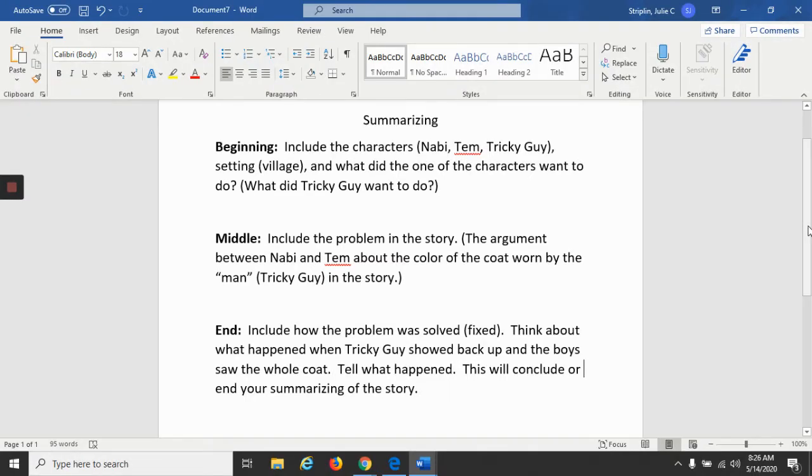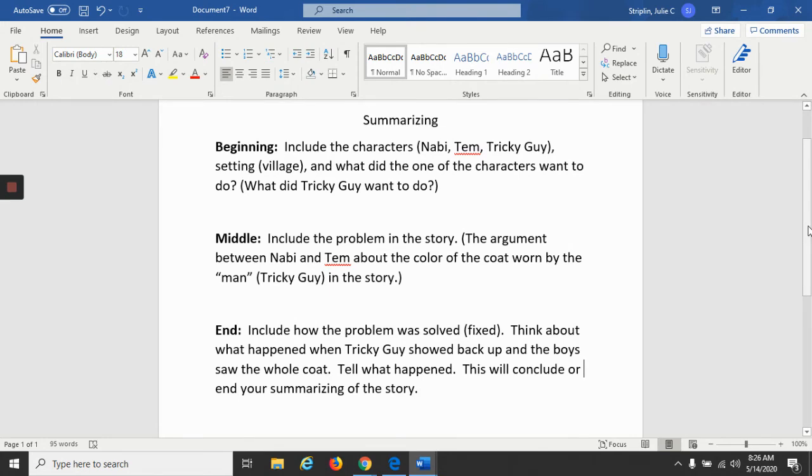So the middle is the main part. This is where you tell about the problem. So yes, the middle includes the problem of the story. And so if I go back and look at the story on page 153, I can tell what the problem is. Remember, boys and girls, they were arguing.